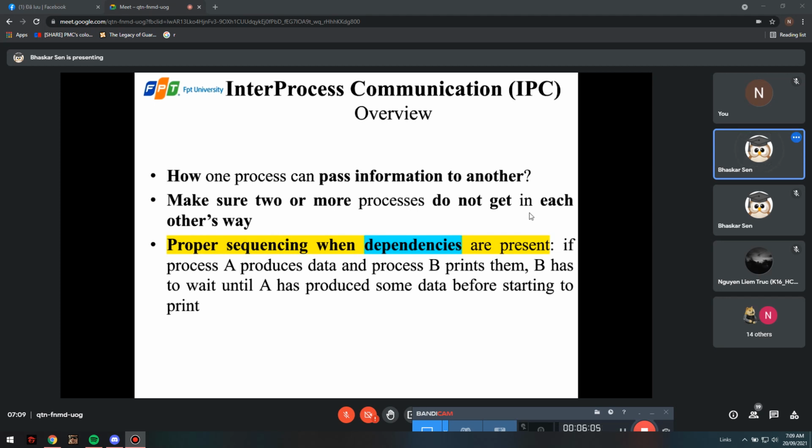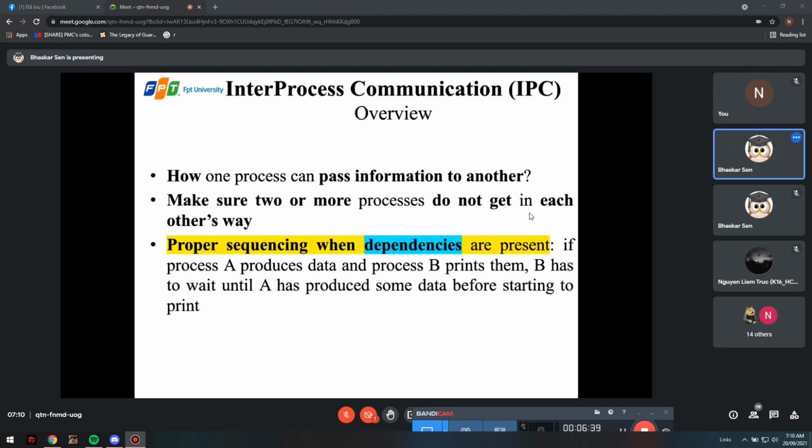So that's what we call dependence. There must be a dependence. Now the point is, proper sequencing is required. If you don't sequence them properly, if you don't synchronize, let me use the word synchronize, we will find that word very soon.